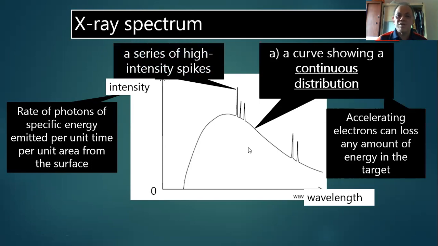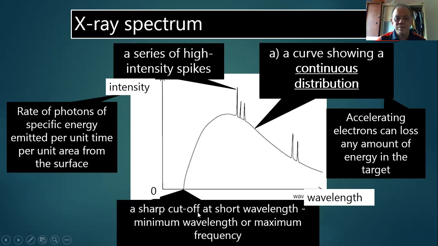And then what causes this series of spikes? These are what we call high intensity spikes. That means high intensity for a particular wavelength. And then we have a sharp cut-off wavelength, or minimum wavelength, or maximum frequency there.